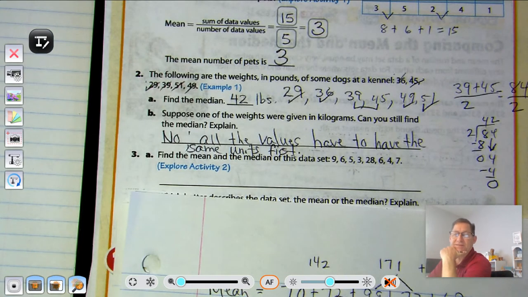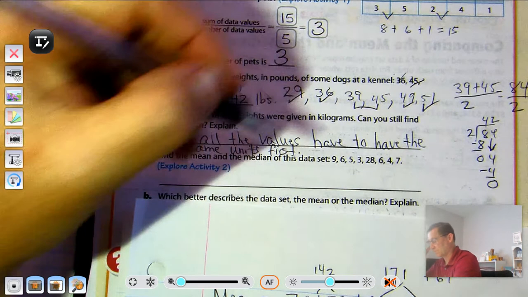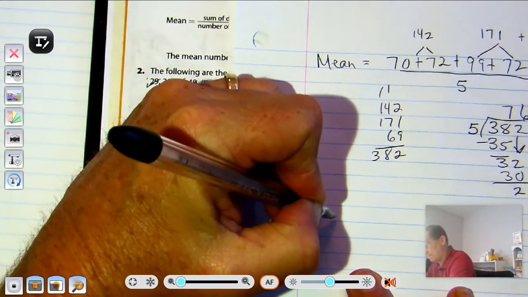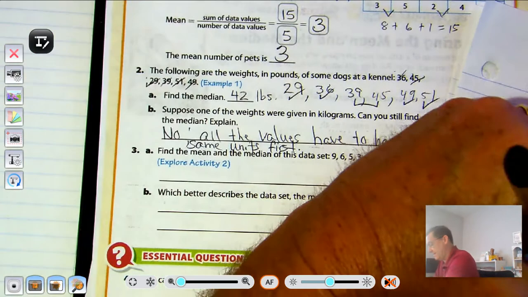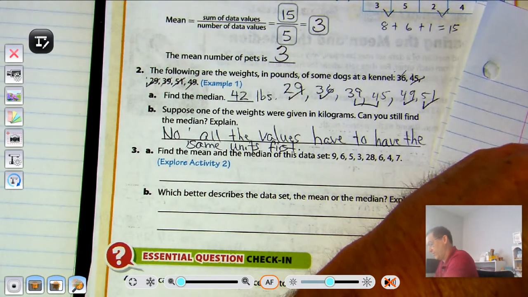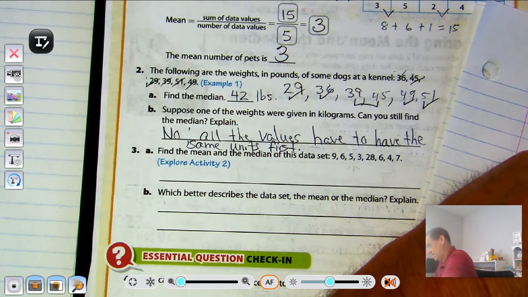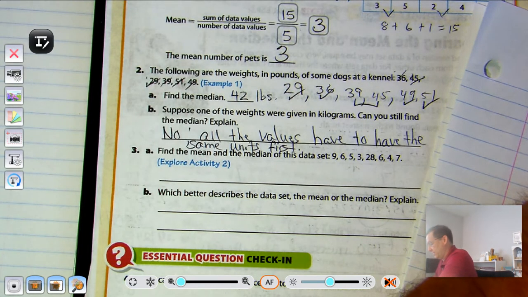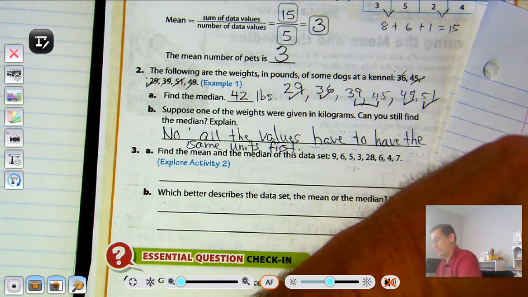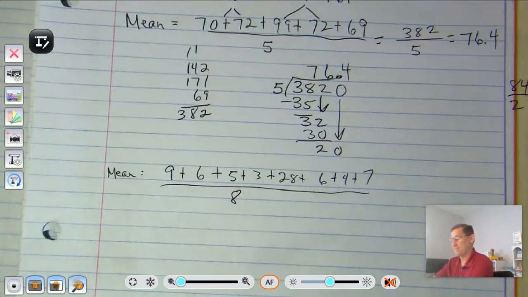Find the median of this data set. All right, so we have 9 plus 6 plus 5 plus 3 plus 28 plus 6 plus 4 plus 7. And we need to divide by 8. Okay, because there's 8 pieces of data.